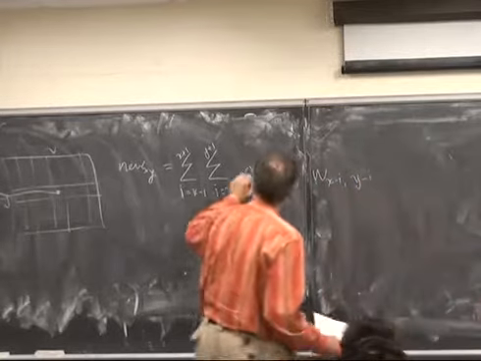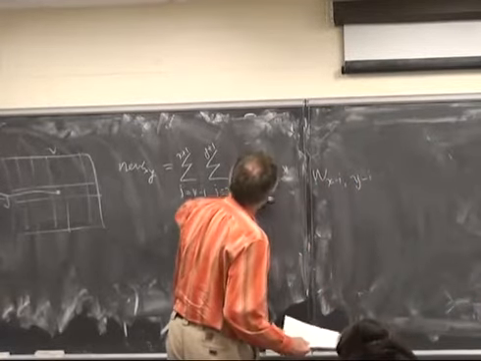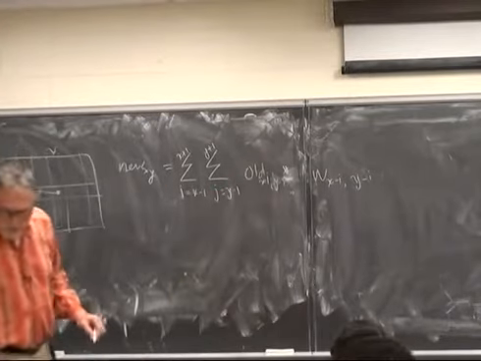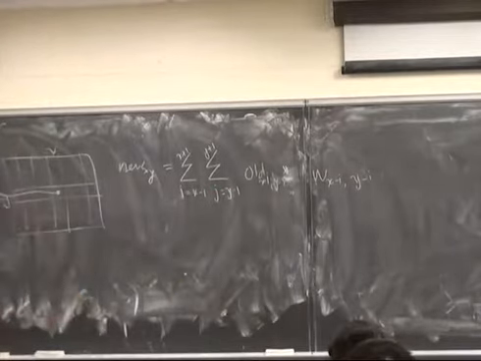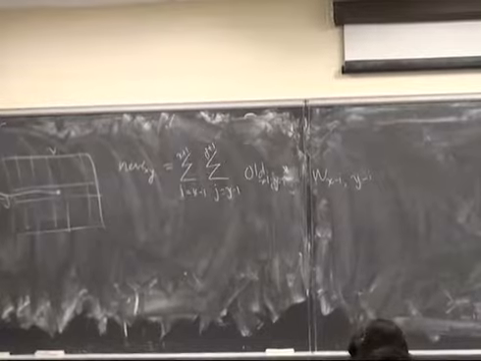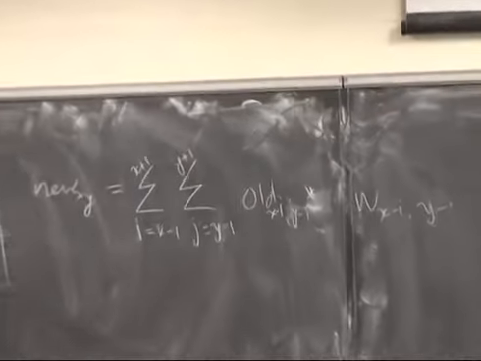This should be x minus i, y minus j. So you're doing a sum over the 3 by 3 array of pixels around the original pixel.